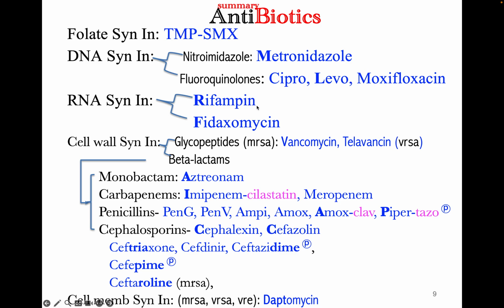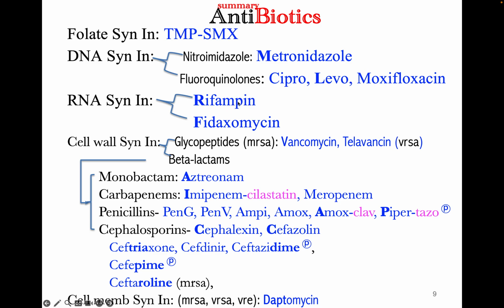I will make another video for tuberculosis drugs, okay? Then fidaxomicin. Both these drugs, rifampin and fidaxomicin, are entirely different drugs, but they can inhibit RNA polymerase function. Therefore, just study them as RNA synthesis inhibitors.